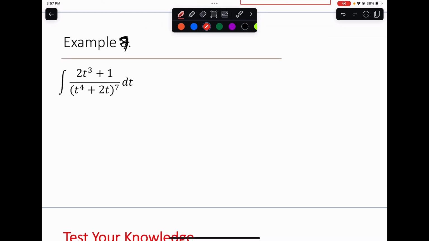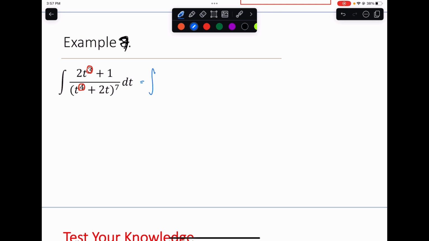Most probably this will become our u, which has degree 4, and the du has degree 3. The difference of the 2 degrees is 1, so we can use the power rule. But the difference this time is that it's not a product, but rather a quotient. If it is a quotient, we can make it a product by simply moving up the denominator.